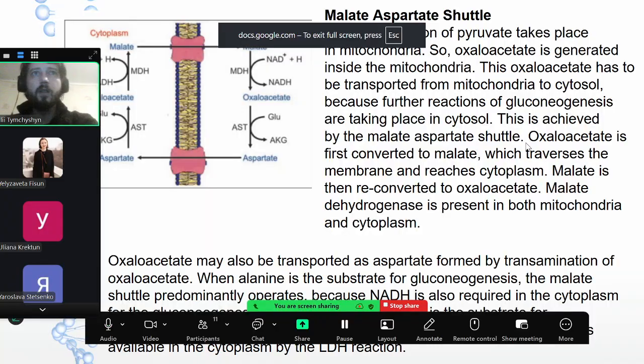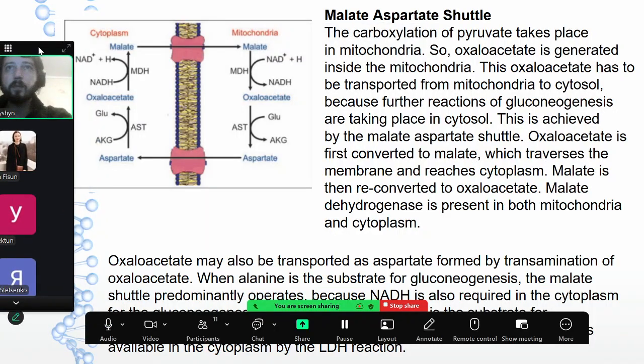The malate aspartate shuttle. We will have some next steps performed in the mitochondria. I will tell you more about that next time.